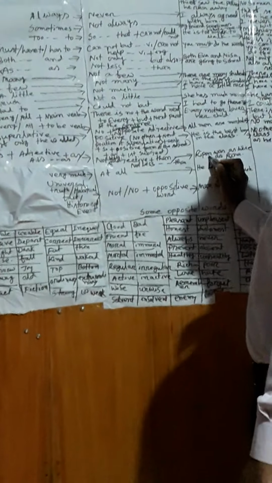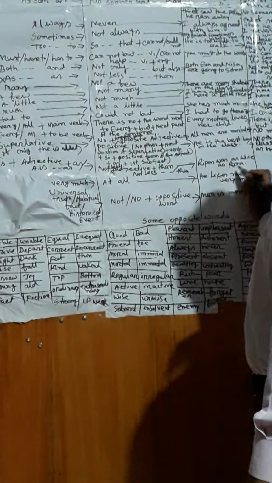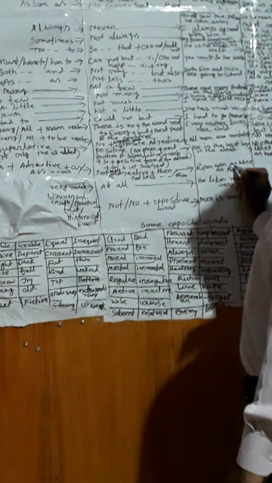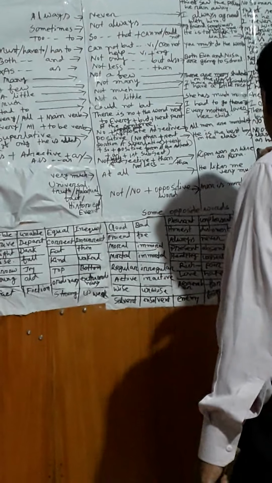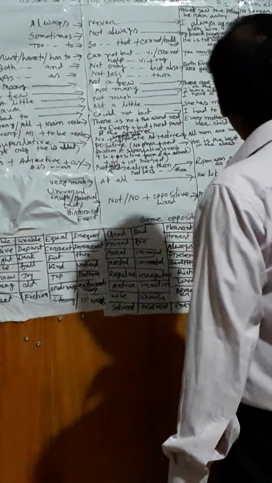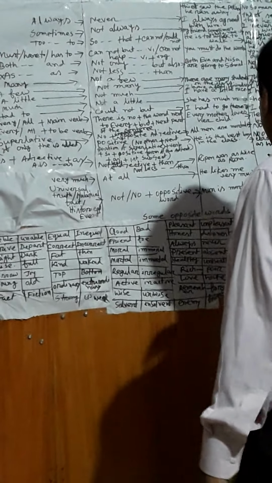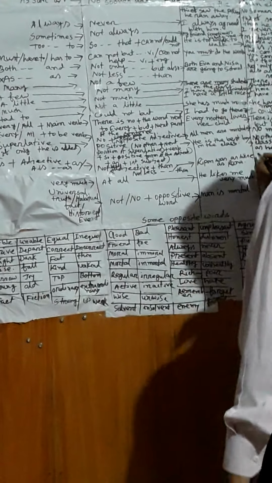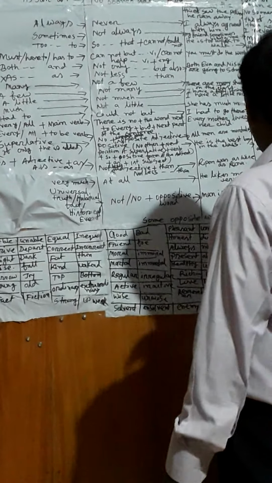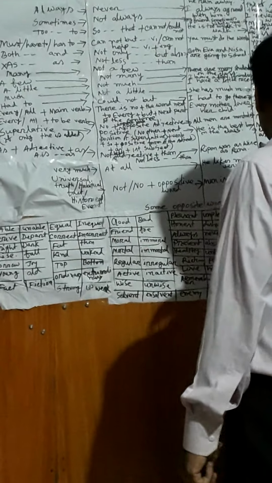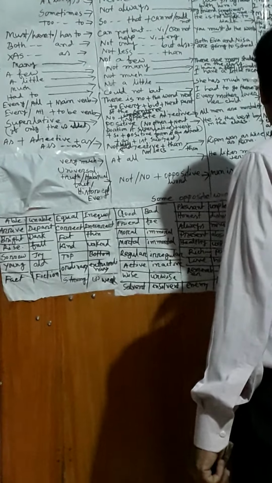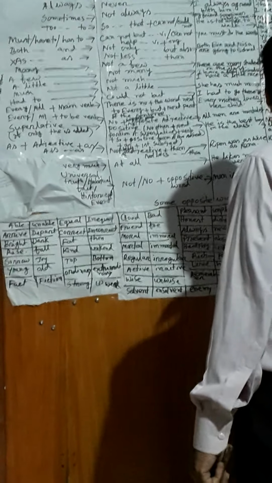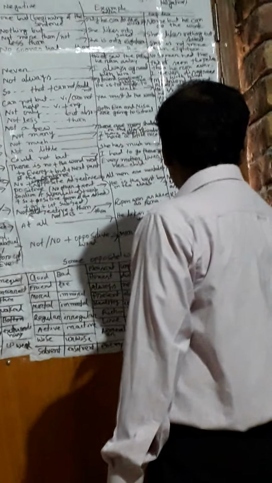For example, Ripon was as wise as Rana. At first you have to use the subject. Subject and verb will remain unchanged here. At first you have to use the subject, Ripon, verb was.